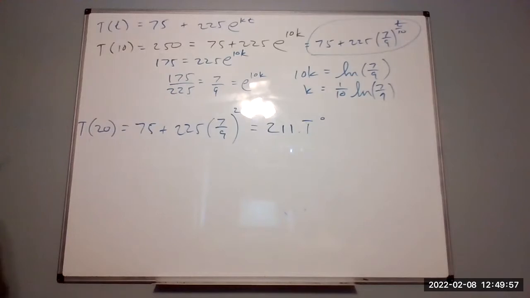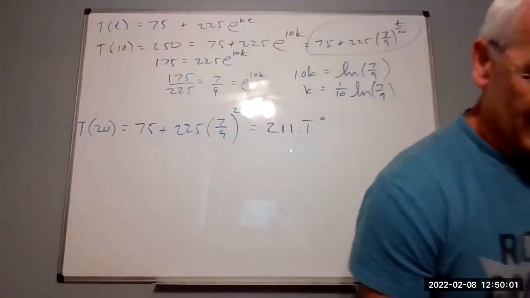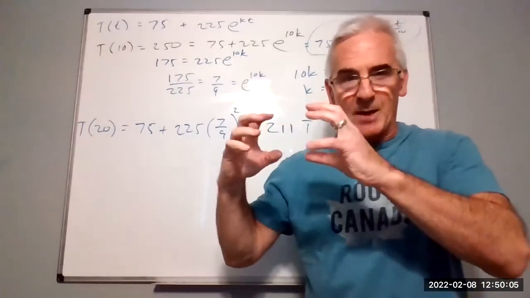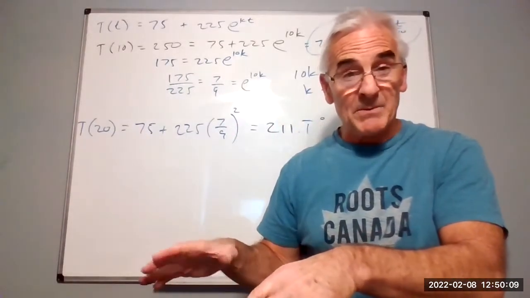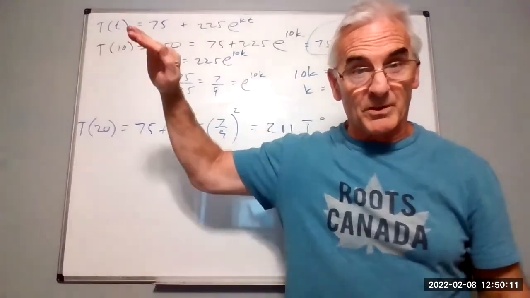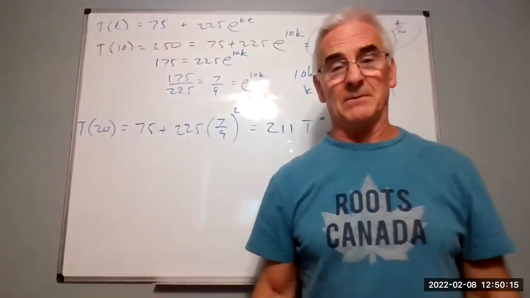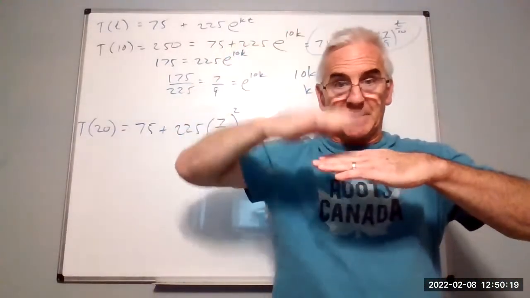Now, does this answer make sense? This is huge. Okay, there are some bad answers. I have a 300-degree object and I'm putting it in a room that's much cooler. In 20 minutes, that object better not be warmer than 300. Agreed? It getting warmer is probably bad. It cooled down 50 degrees in the first 10 minutes.